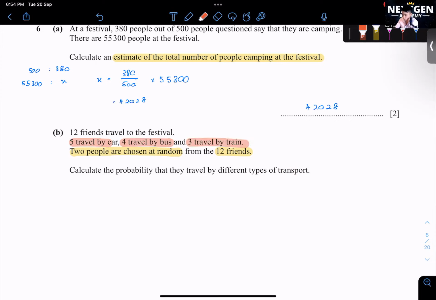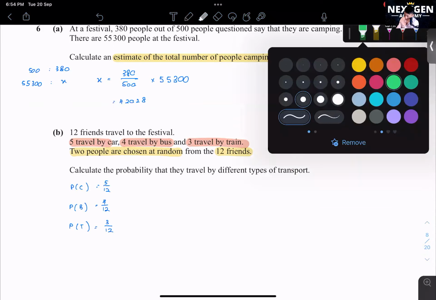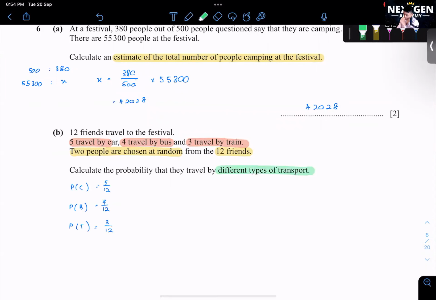If I were to write the probability for car, bus, and train: probability of car is equal to 5 over 12, probability of bus is equal to 4 over 12, probability of train is 3 over 12. Okay, understand this part first? Now the question says different types of transport, so we want to find different probabilities multiplied by each other.